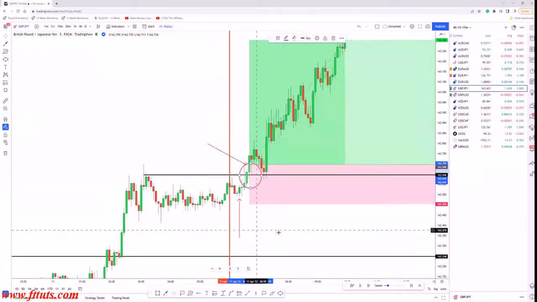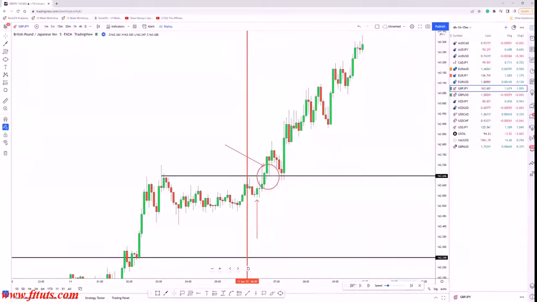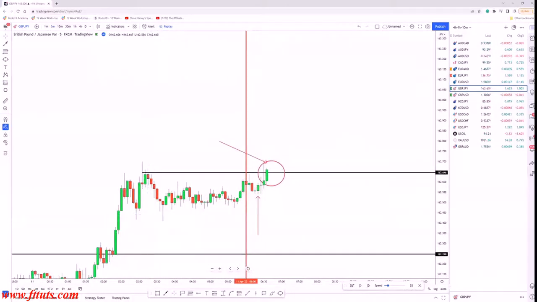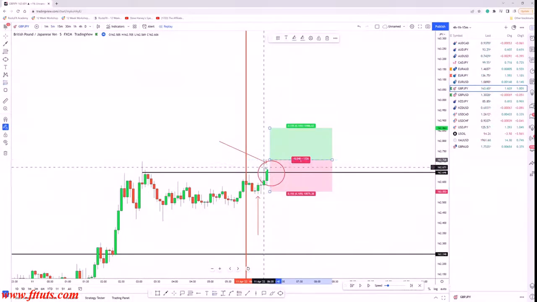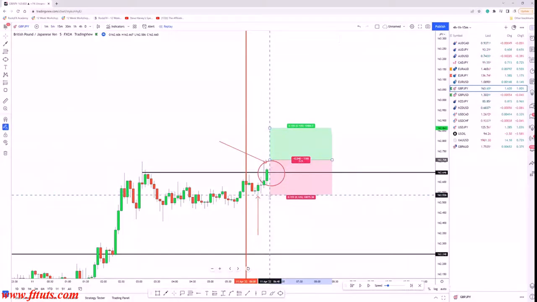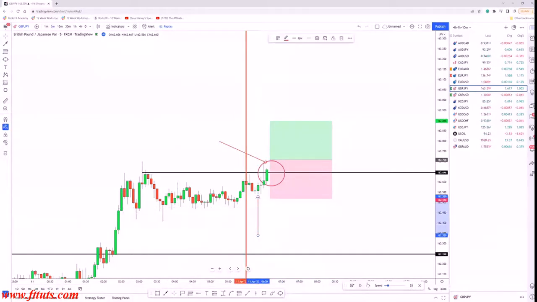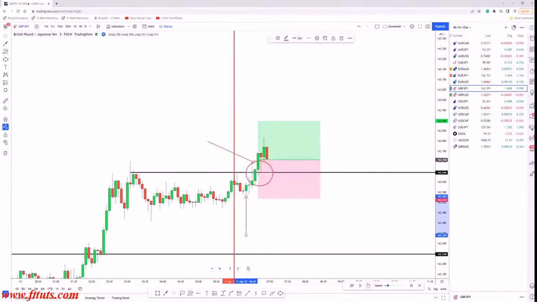I'm going to look for the sentiment of the market to shift in my favor. And then I'm going to look to take the trade, wherever I want to enter, above that high, above this high, doesn't matter, based on the information that I get from the lower time frames, which is having full faith that the next candle will continue bullish after the previous candle turned bullish during the high volume period, and execute my trade.